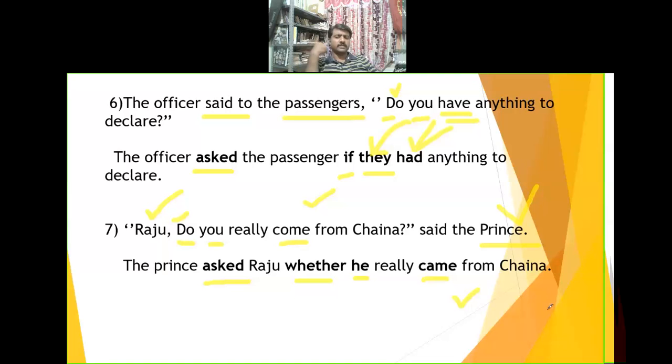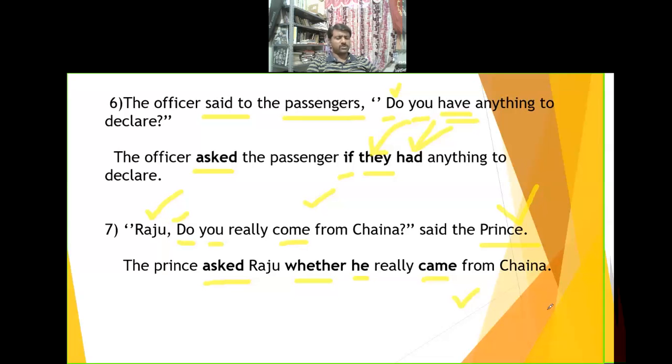Today's topic we already discussed, interrogative sentences, which we have changed from direct into indirect. In interrogative, we have seen WH questions and then yes or no questions. In both WH questions and yes or no questions, you have to use a joining clause. For a WH question, you have to use the WH word, and for a yes or no question you have to use if and whether. That part you have to remember.